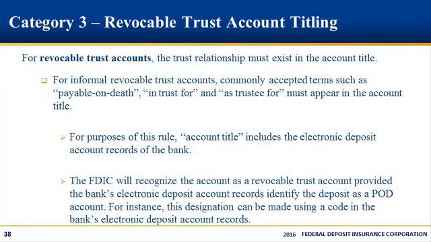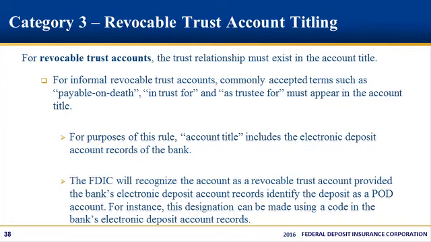Okay, we're going to discuss a question that we are repeatedly asked by bank employees. Does POD, or payable on death, or a similar term conveying testamentary intent, have to be in the account title of an informal trust? The answer is yes, but since October of 2009, banks can easily meet this requirement using their electronic record keeping.